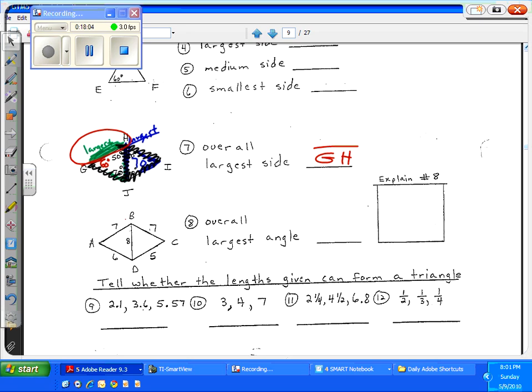Obviously, looking at the triangle on the left, this is the largest side, so angle A is the largest angle of the triangle on the left, right? And we could go to the triangle on the right and say, well, the largest side is, therefore we can conclude the largest angle is.